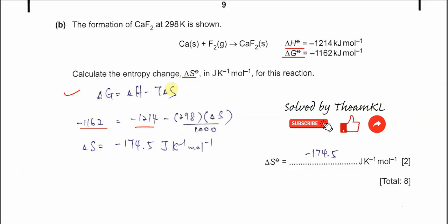So the delta S needs to be over 1000, times the temperature. Then rearrange, and you get the delta S is actually negative 174.5 joules per Kelvin per mole. Okay, that's the normal calculation for the Gibbs equation. Okay, thank you.